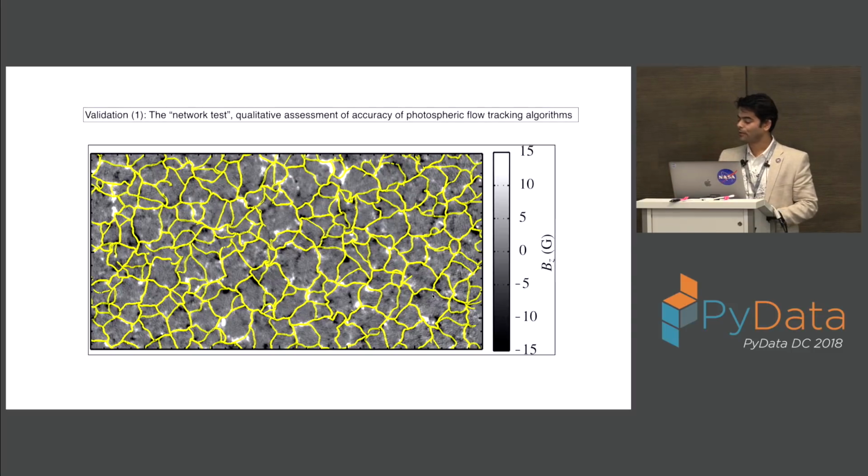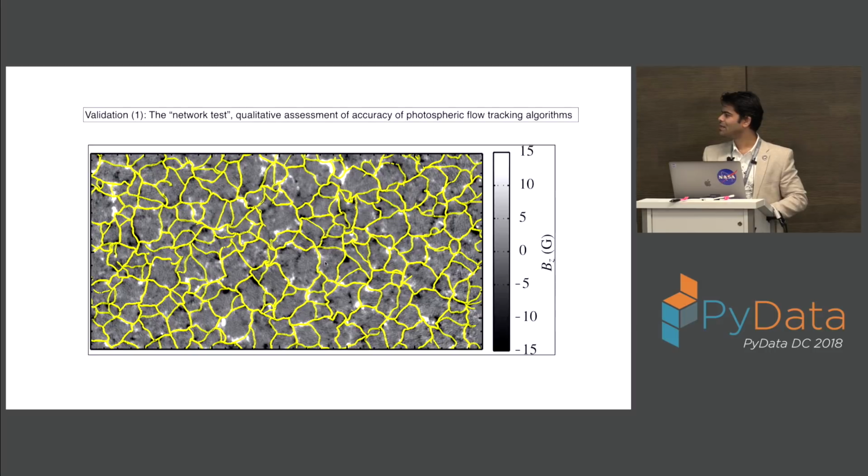And so in that example, I've shown you how I check the accuracy by having an independent data set, which is in the background, the magnetic field. The magnetic field is a different data set, and we know that the boundaries of the supergranules are expected to concentrate the magnetic flux.